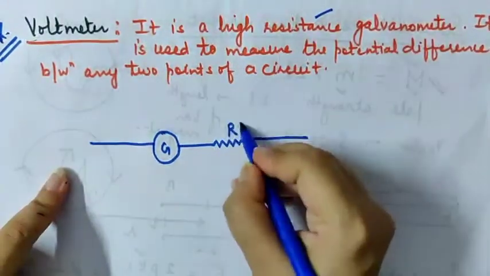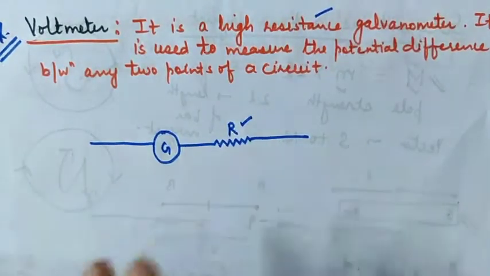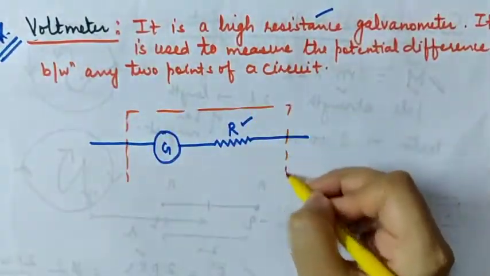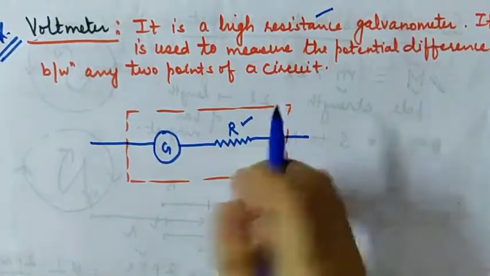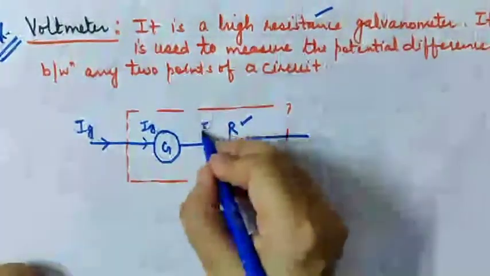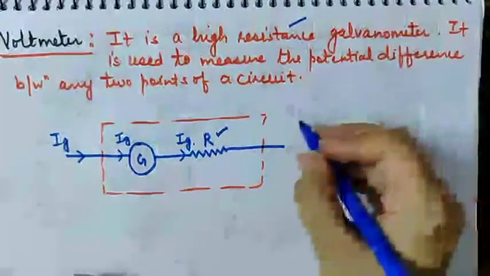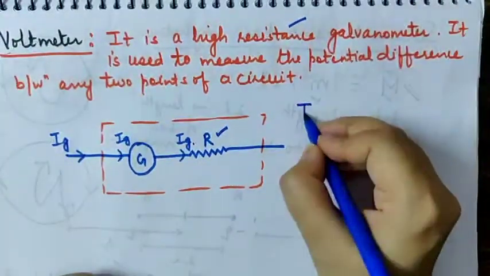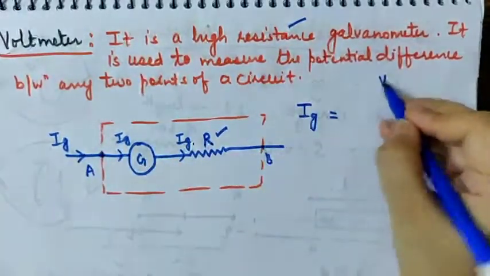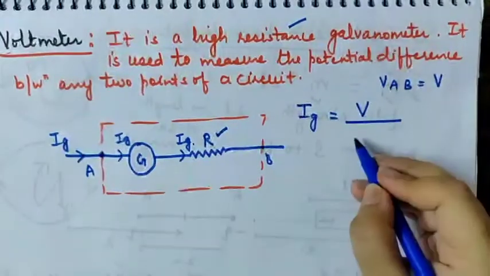Now children, we'll be writing this resistance as R. If you connect a galvanometer in series with a very high resistance, this overall arrangement is called a voltmeter. Now the current in series cannot change, hence the current initially entering was Ig, now also it is Ig. The current Ig is always equal to the total potential difference between A and B, which can be written as V, over the total resistance. So the formula will be V over total resistance.